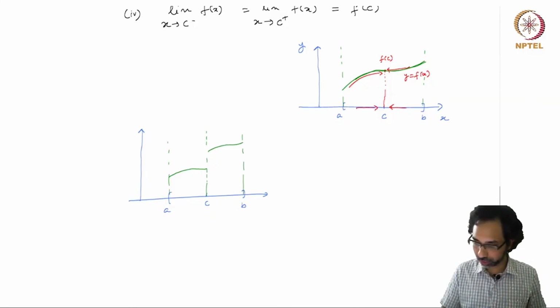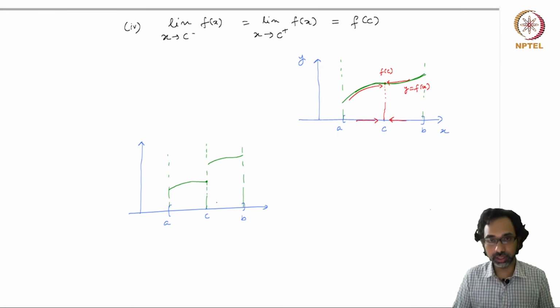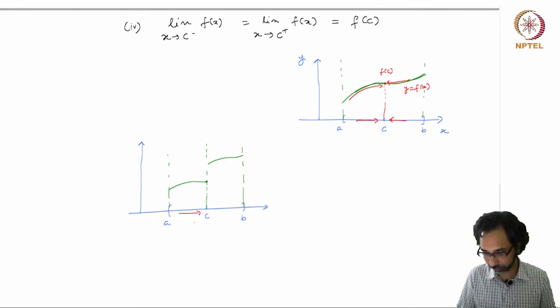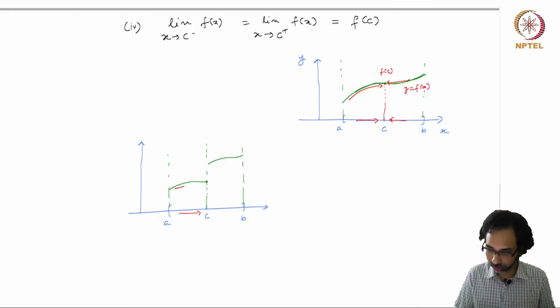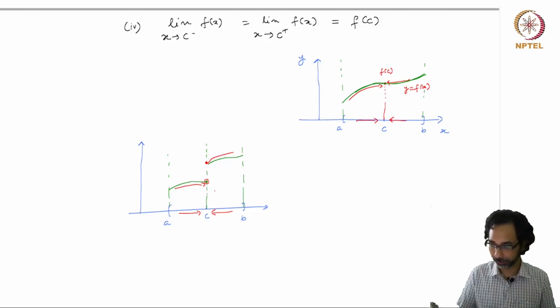Now let's see which part is getting violated. In this graph, when you approach c from the left hand side, you get this value here, but when you approach c from the right hand side, you get this value here. Therefore these two values do not coincide, and so there is a discontinuity at the point c.